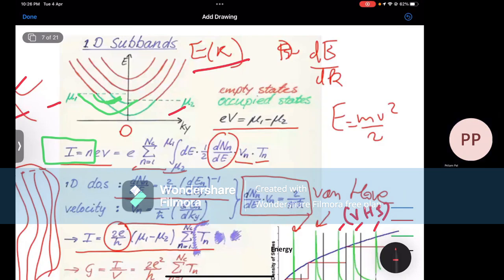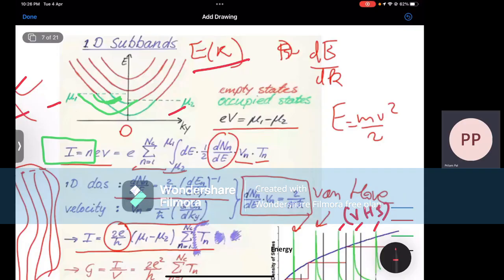If we take the derivative dE/dk, it goes to 0 at the bottom of the parabola. Now the inverse of the derivative is going to diverge. That's how you get the van Hove singularity.